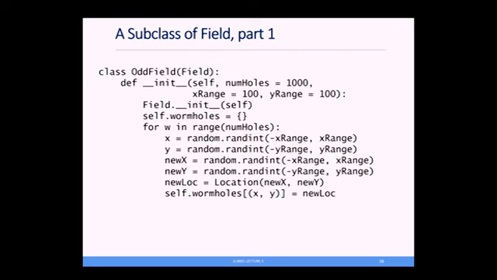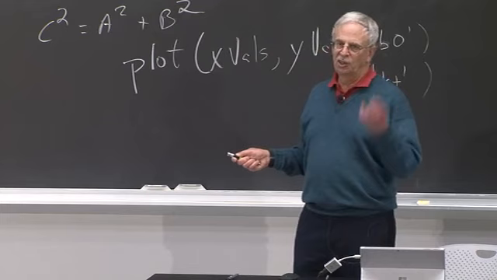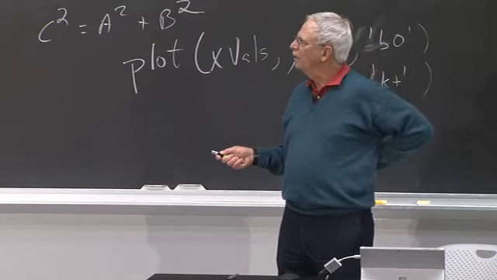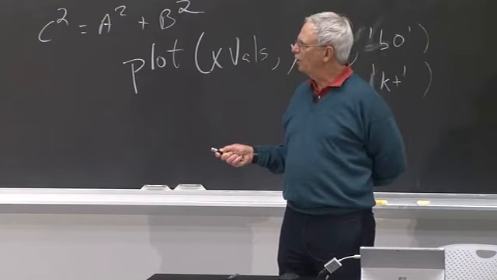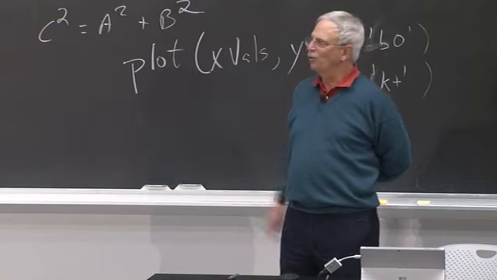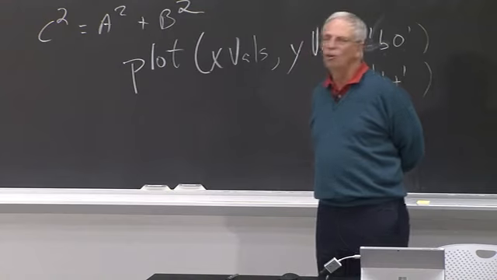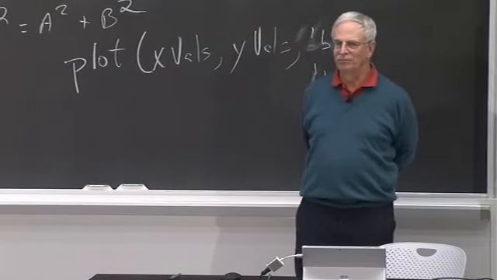So for w in the range number of wormholes, I'm going to choose a random x and a random y in x range, minus x range to plus x range, minus y range to y range. So this is going to be where the wormholes are located. And then for each of those, I'm going to get a random location where you're, in some sense, teleported to if you enter the wormhole.